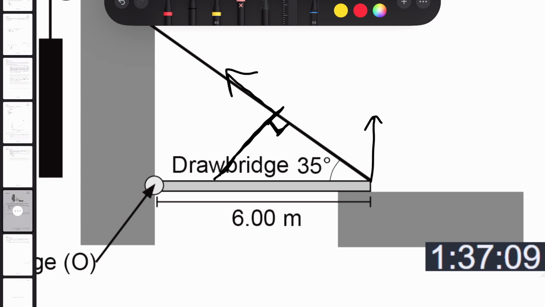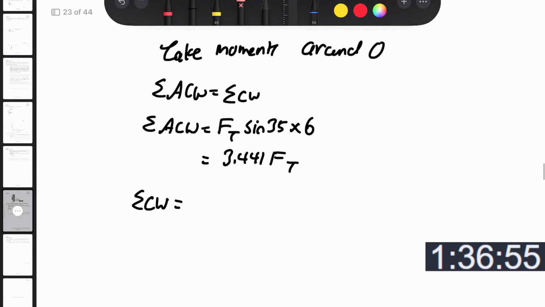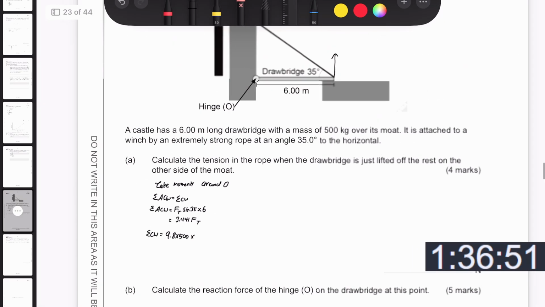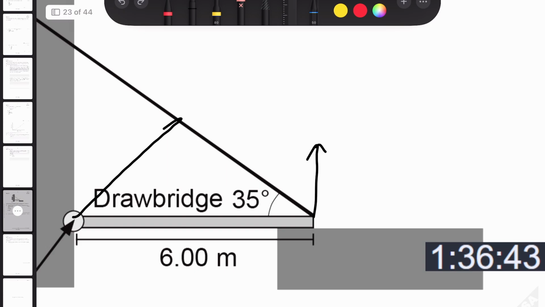A little bit to calculate for the radius. Anyway, clockwise is 9.8 times 500 times 3. Because there I was finding the perpendicular component of the tension force, but remember you can also find the perpendicular radius.